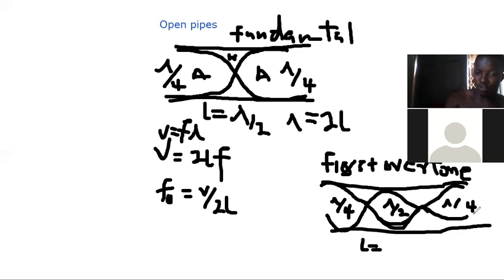This will give you 2 over 4 plus 1 over 2, so this plus this will give you 1. So we can name the first overtone f1, which will be equal to v all over L. F1 is equal to v over L.